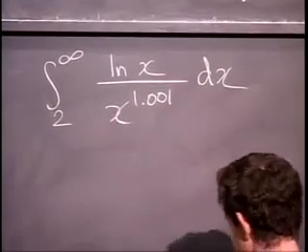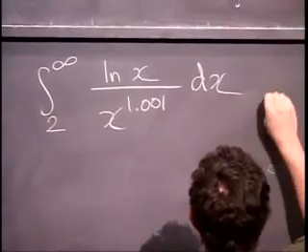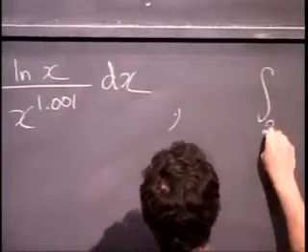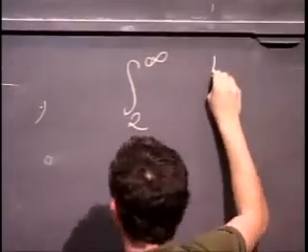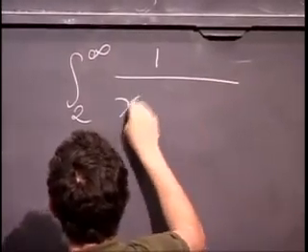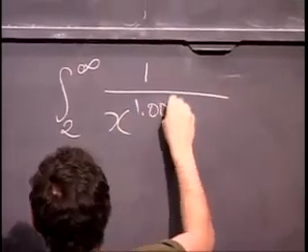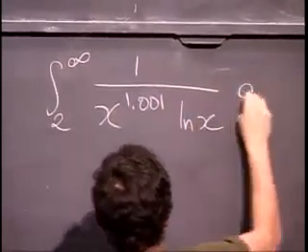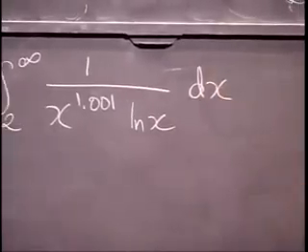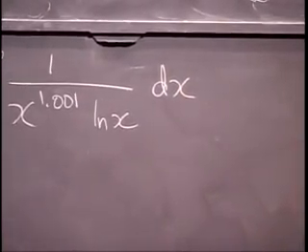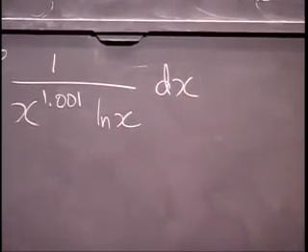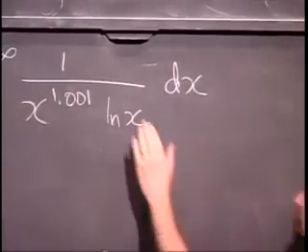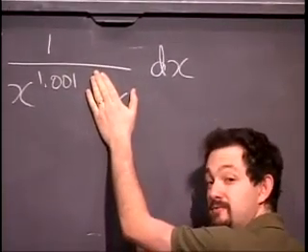However, here is a different permutation, which has a completely different solution. Suppose I stick the log x on the bottom. How would you deal with that? Now, the log x not there, does it converge or diverge?